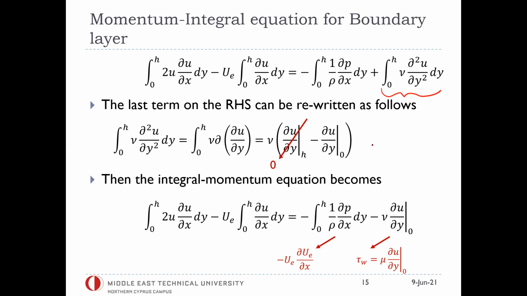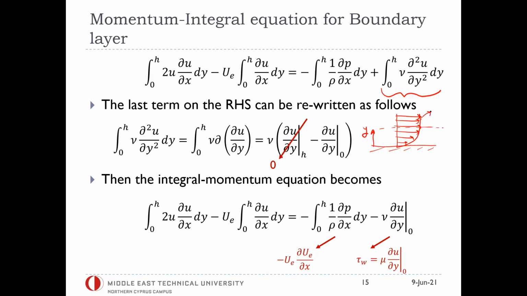Just to remind you how the velocity profile looks, let's say this is a wall, this is my velocity profile, and by the way, this is the y-axis. If the boundary layer thickness is somewhere here, and you are outside the boundary layer, the profile is basically flat.